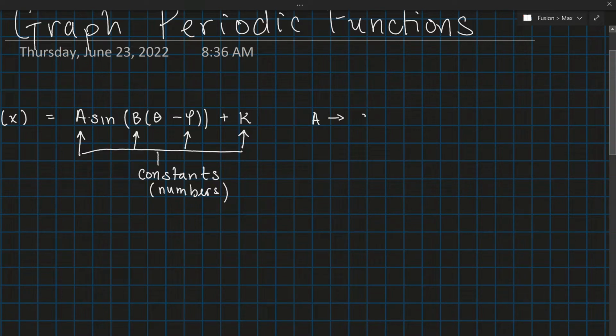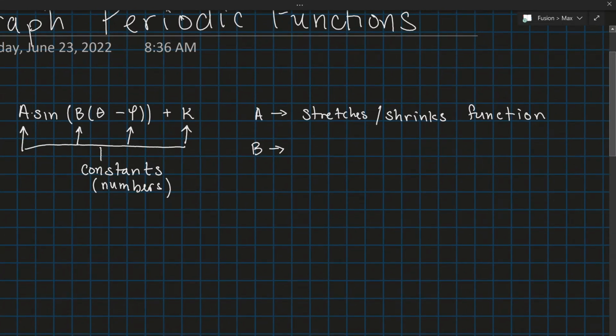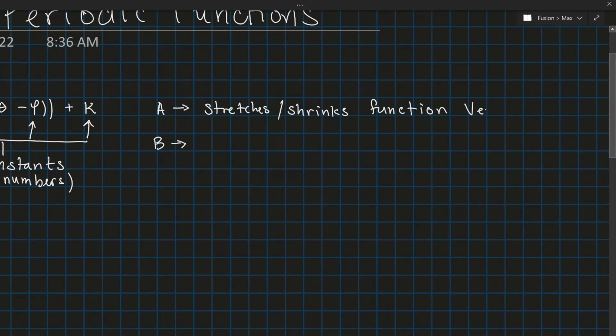What this does is it stretches or shrinks the function, or actually, we'll just say the function, because the cosine is going to look very similar. This is vertically. So it's going to make it tall and skinny or short and fat.